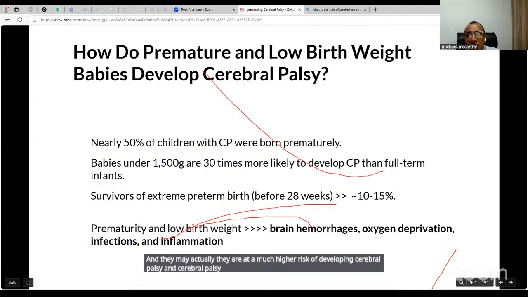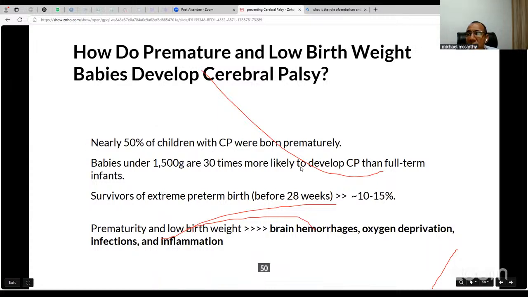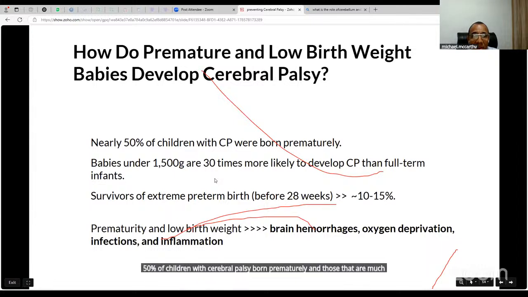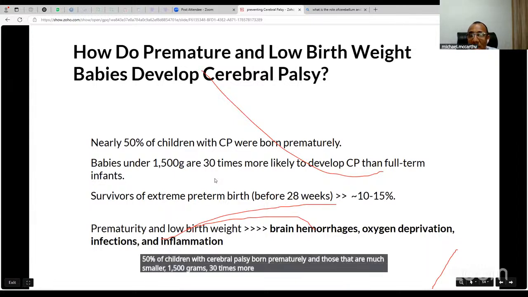And you will see that a lot of the interventions have to do with avoiding prematurity or reducing it as much as possible, and low birth weight as well. 50% of children with cerebral palsy were born prematurely, and those that are much smaller, 1,500 grams, are 30 times more likely to develop this than full-term infants. And even those who were born before 28 weeks, 10 to 15% having CP.